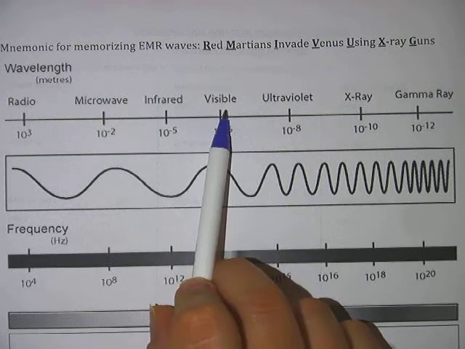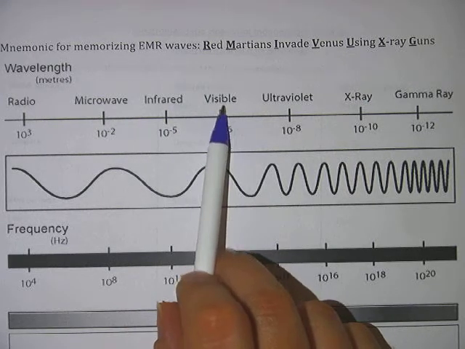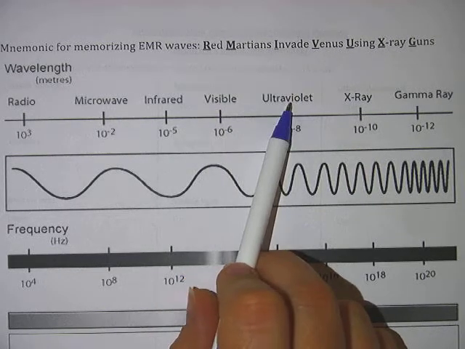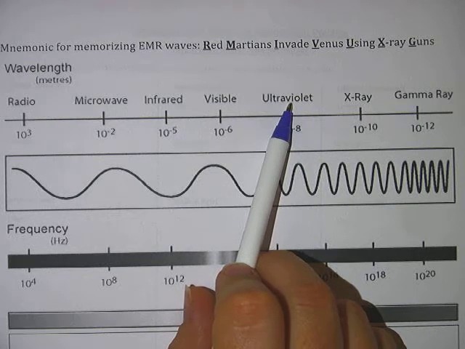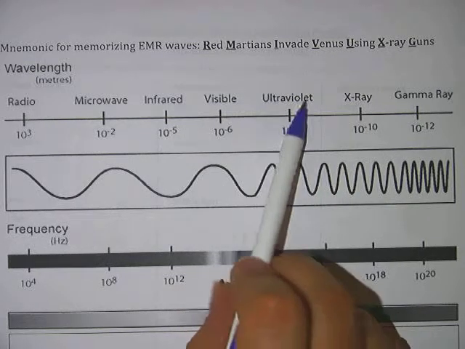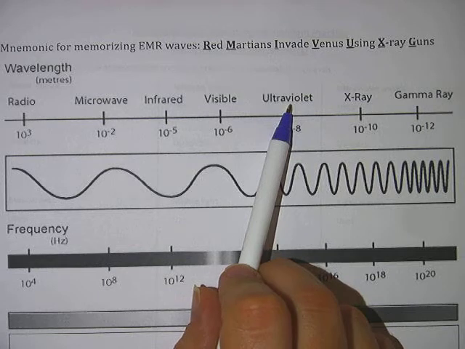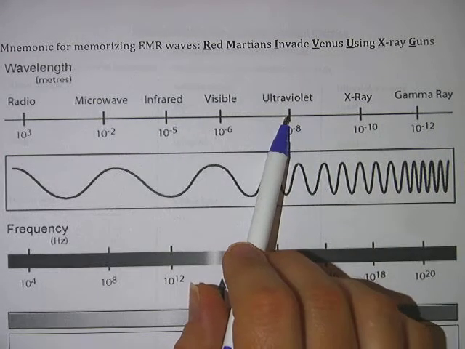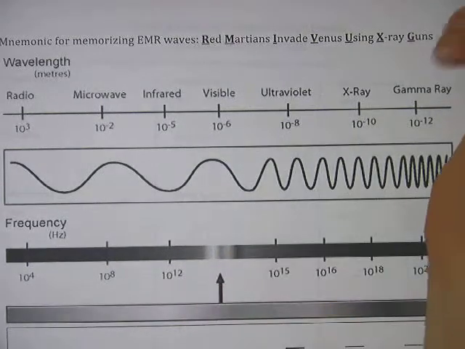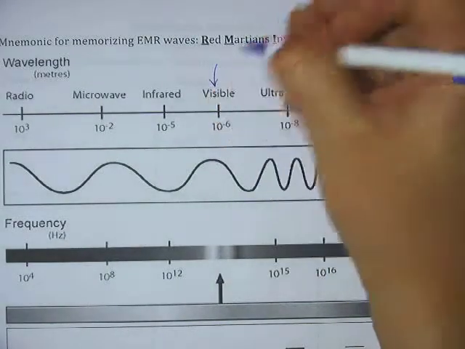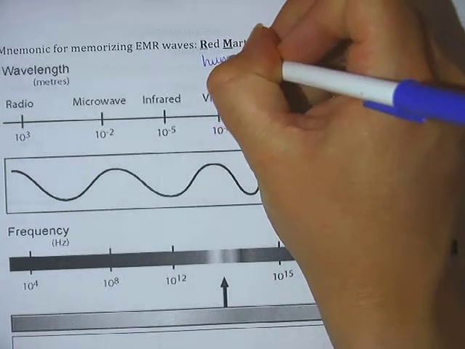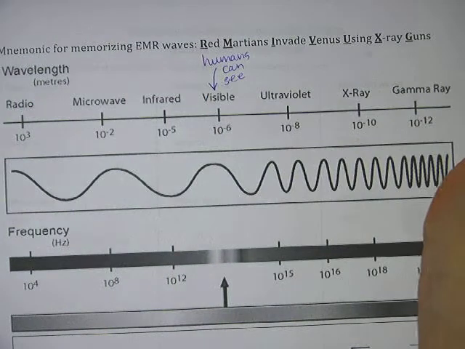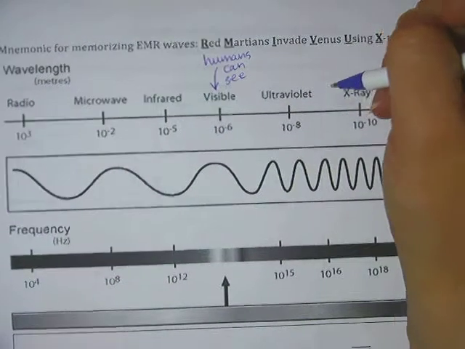There's visible light, which is this tiny piece of the spectrum that human eyes have adapted to see. And there's ultraviolet light, like a black light, that they use at clubs, I guess. You're too young to go to clubs, but I'm sure you know what a black light is. Humans can see within what we call the visible spectrum. But there are other organisms that see in infrared and ultraviolet that they've adapted differently.